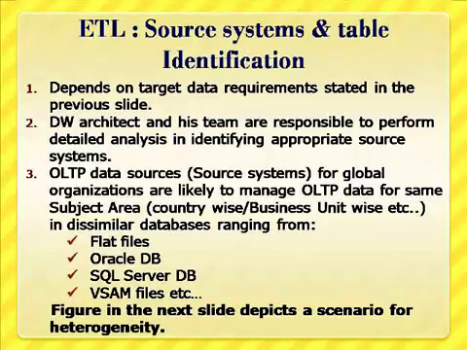The data warehouse architect and his team are responsible for performing a detailed analysis in identifying appropriate data source systems. Most of the time in projects, the data warehouse architect and his team will coordinate with the business users and take their help in understanding and identifying the source systems.